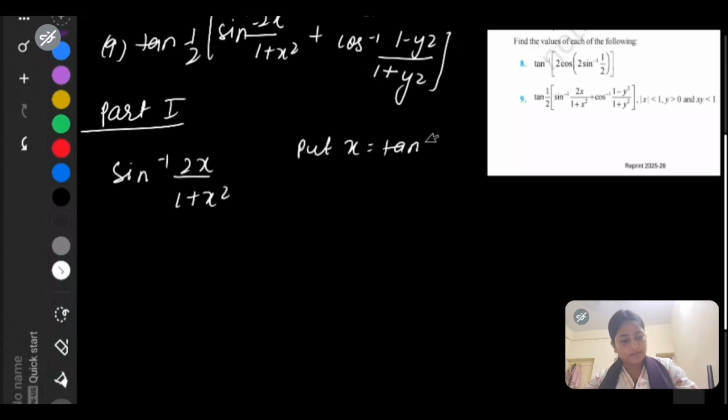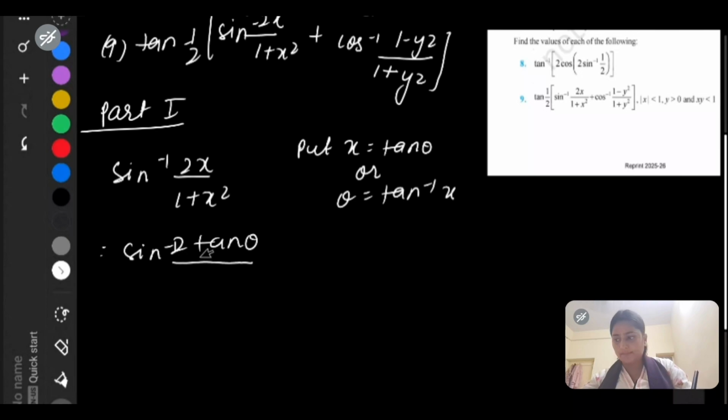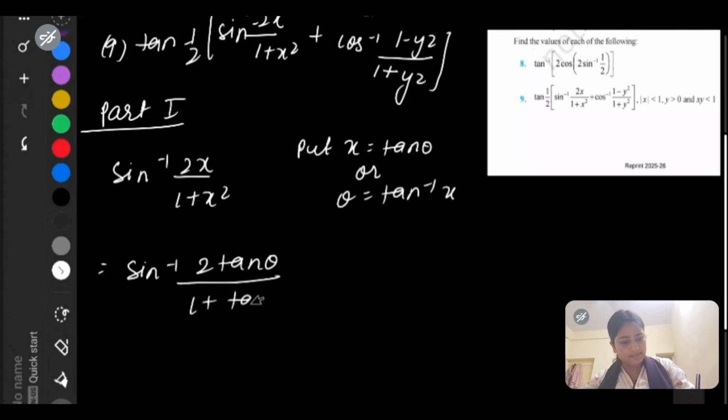Okay. Now put x is equals to tan theta, or theta is equals to tan inverse of x, right? Now when we put here, it will be sine inverse 2 tan theta upon 1 plus tan square theta, right?